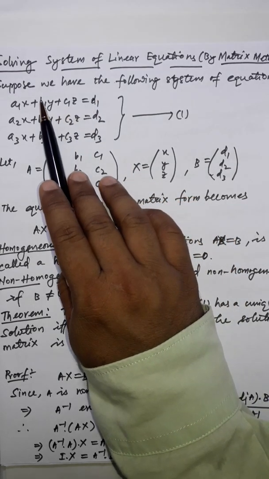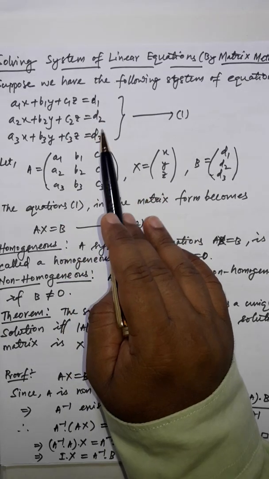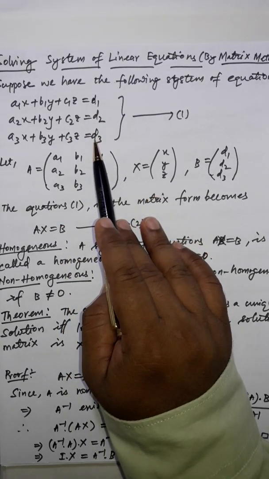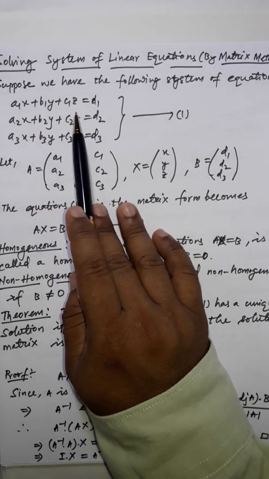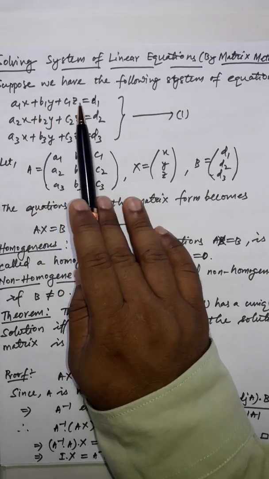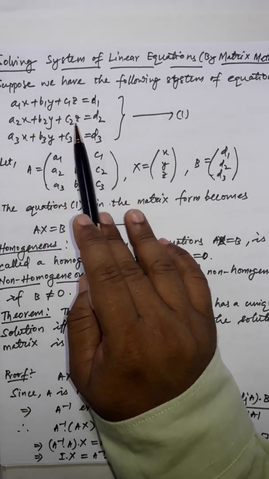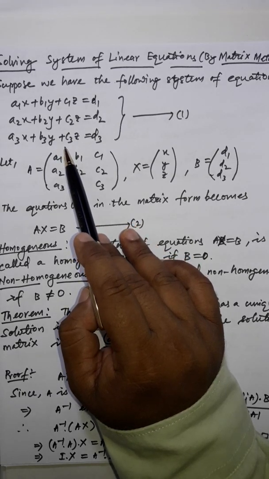Suppose we have the following system of equations. We have taken 3 linear equations having 3 variables x, y, z in them, and the power of x, y, z all are 1. So we have a bunch of 3 linear equations together. It is called a system of linear equations to solve.